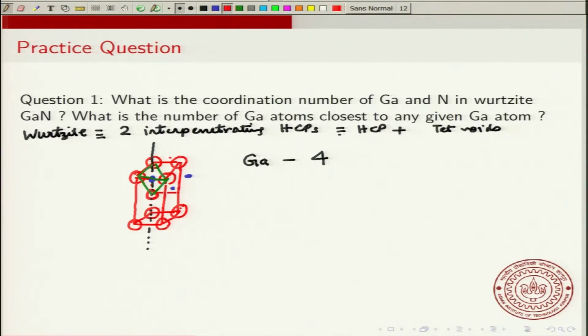You will additionally also have some gallium atoms right above these.